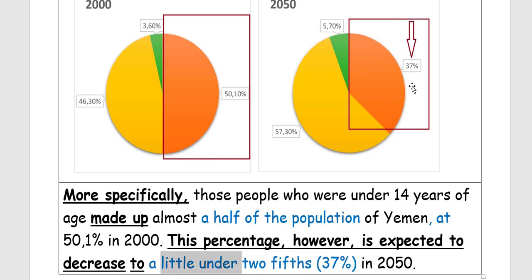The expression a little under means slightly less than 2/5, and then 37% in 2015. And as we are talking about a future prediction, a figure that is likely to happen in the future, we need to use the word is expected to. Don't write will decrease, only is expected to or is predicted to. Okay, let's move on.